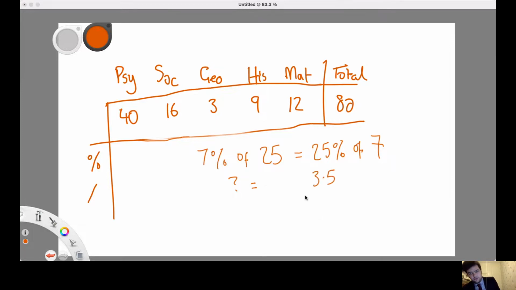And then we can divide by 2 again. 1.75. So you can work out 25% of 7 quite easily. You just divide by 2, divide by 2 again. And this is useful if you go into an exam without a calculator. You get 1.75. So actually we know that 7% of 25 is 1.75 because we can just reverse the percentage and do it another way.